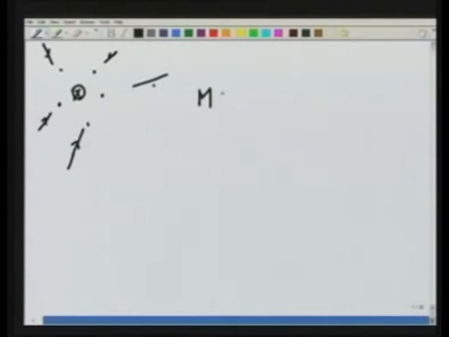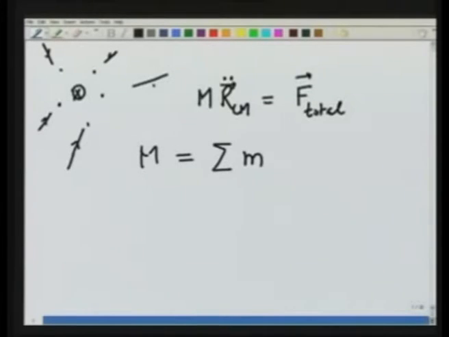what we have been looking at is how the center of mass moves. That is, the equation that we had been solving in the previous lectures was the total mass m r_CM double dot, where double dot refers to the second derivative of the r vector, is equal to the total force applied, where m is the sum of individual masses, that is the total mass.